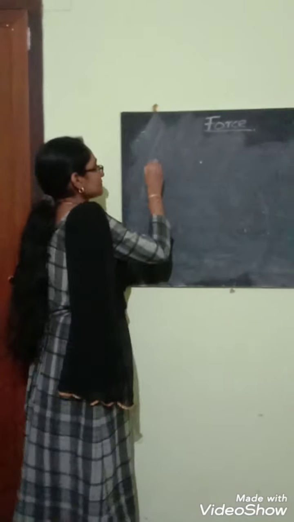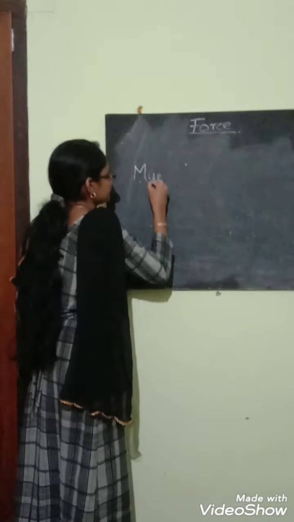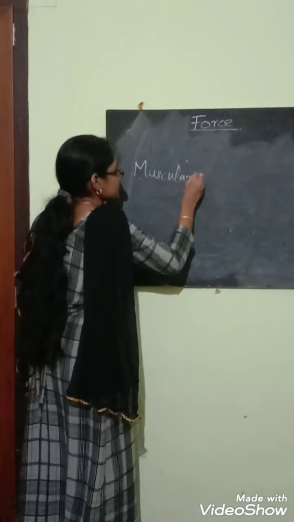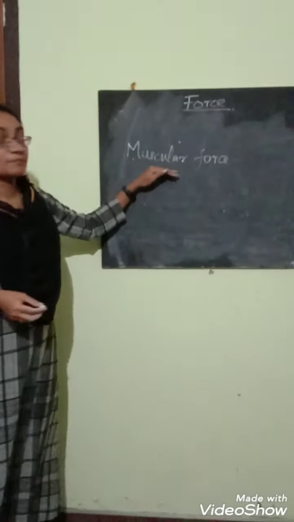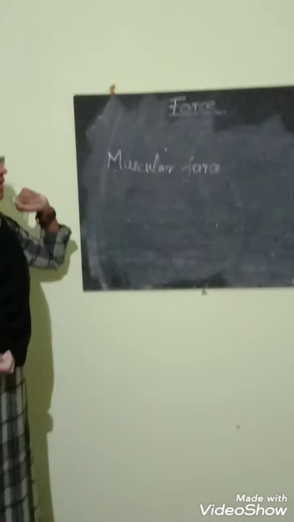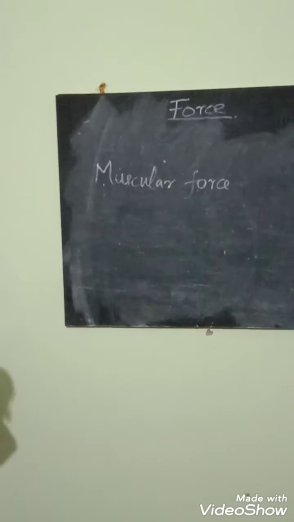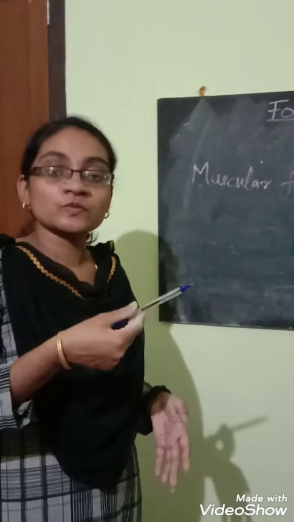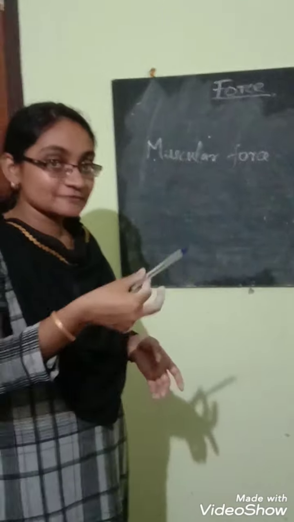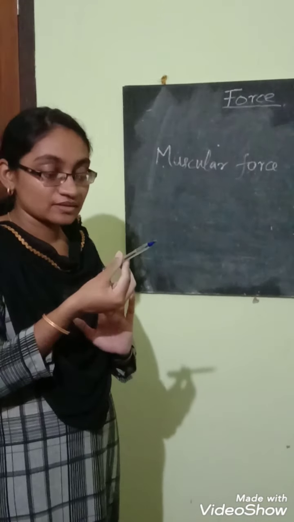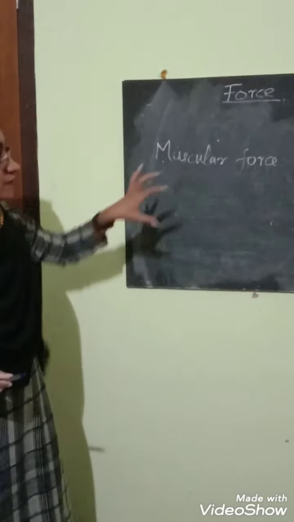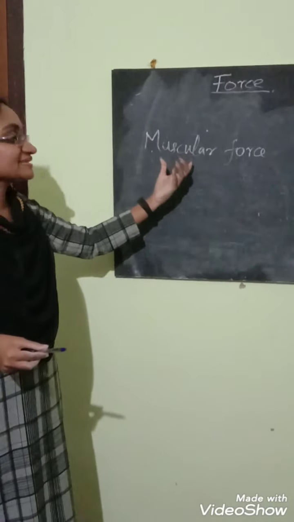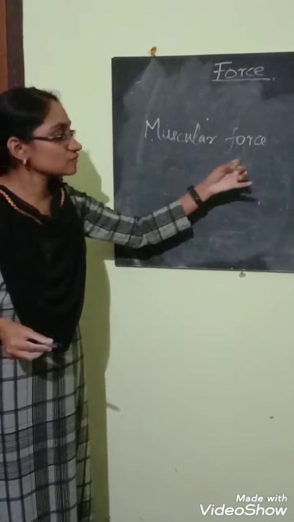The first one is muscular force. What is this muscular force? When I want to hold a pen, I hold this pen using my hand, and in my hand there are muscles. So, the force given by the muscles is called muscular force.